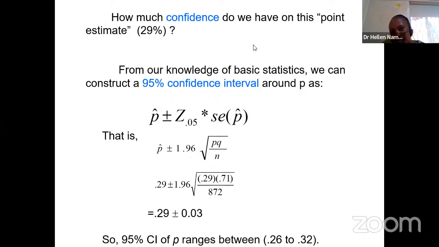However, sometimes it's also important to understand, yes, they say 29% say it is really a health concern. But as statisticians, we need to ask ourselves, they say 29%, but how confident are we?